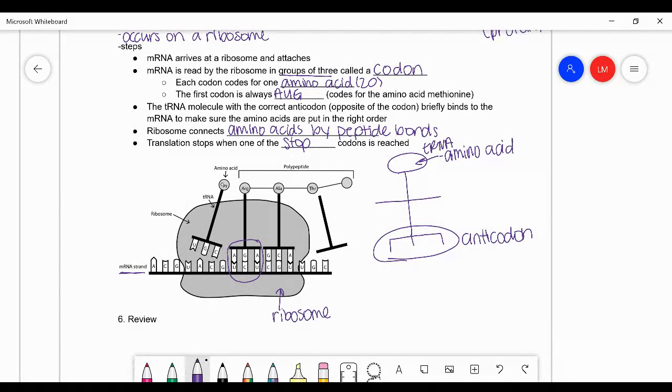So that is a picture example of translation. With our in-class assignment and our other practice this week, we'll figure out how we know which amino acid will be there based on what the mRNA strand is. We'll practice with that because I know that chart can be a little tricky. So you do have that to look forward to.